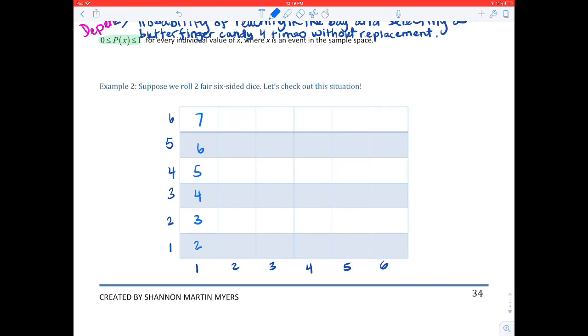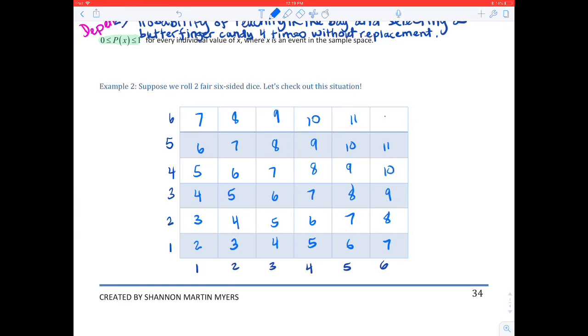Make sense? And then what's going to happen here? Well, we have 3, 4, 5, 6, 7, and 8. And then 4, 5, 6, 7, 8, and 9. 5, 6, 7, 8, 9, and 10. 6, 7, 8, 9, 10, and 11. And then 7, 8, 9, 10, 11, and 12.